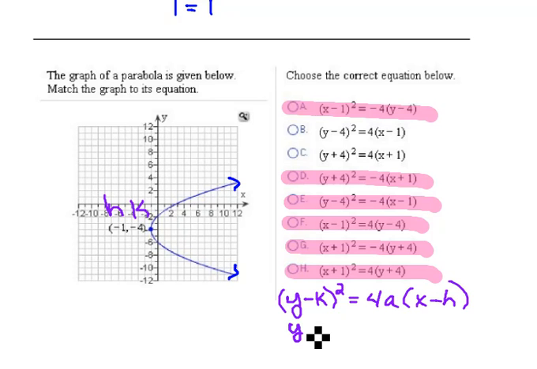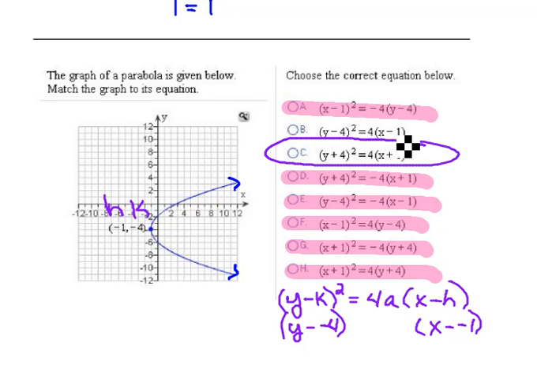So if we did y minus the k value here, which is a -4, that's actually going to be y plus 4, isn't it? And if I did x minus h, which is a -1, that's actually going to be x plus 1. So that tells you that it has to be C.